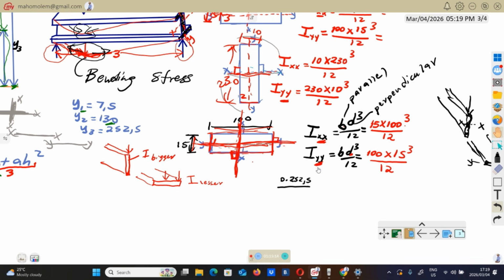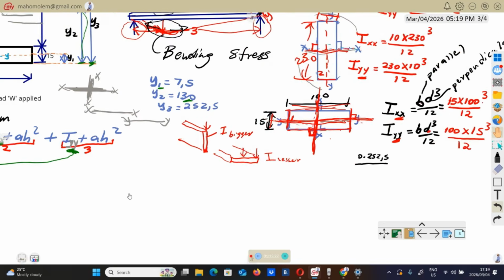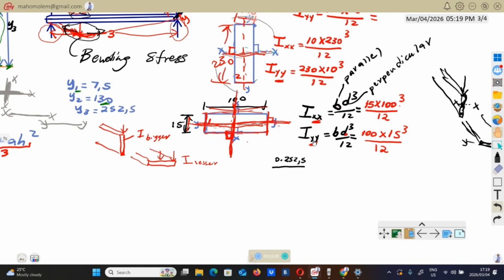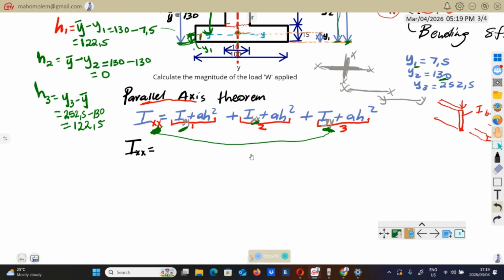These are 2 i's that we calculated. But as we need IYY for number 1, you know why we chose YY. So you come here and check IYY. You are going to replace IYY with this one, 115 cubed over 12.